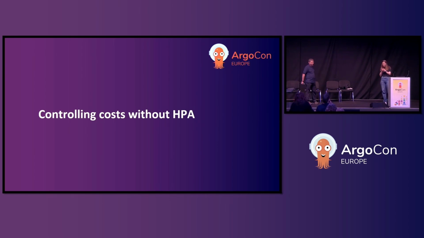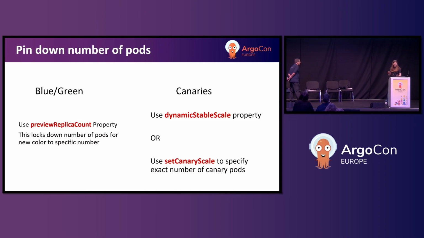So let's have a look at how we can control the costs without using HPA. Some people do like to use HPA straight away, but we can control the cost of your deployment before you jump to that as a solution.